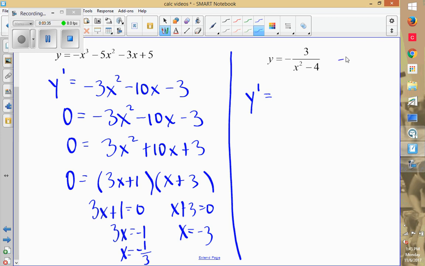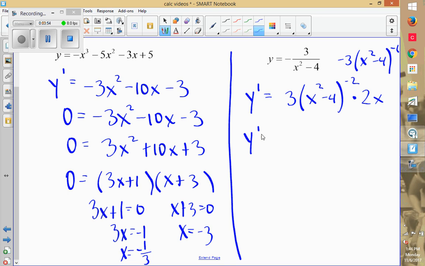This is one where I don't need the quotient rule because I can just use the power rule. So I end up with 3 times x squared minus 4 to the -2nd, times the inside derivative, which is 2x. So I get 6x over x squared minus 4.